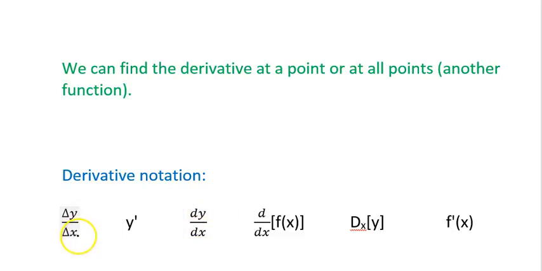Also, it's kind of based off of that delta becoming a d. With y's over x's, it should remind you of your slope formula, and again, derivative is the slope of a tangent line. This notation over here, d over dx, is again reminiscent of that, and then we use the function notation with it, or just d sub x and y, which is kind of a play on this one over here as well, noting that that's derivative.